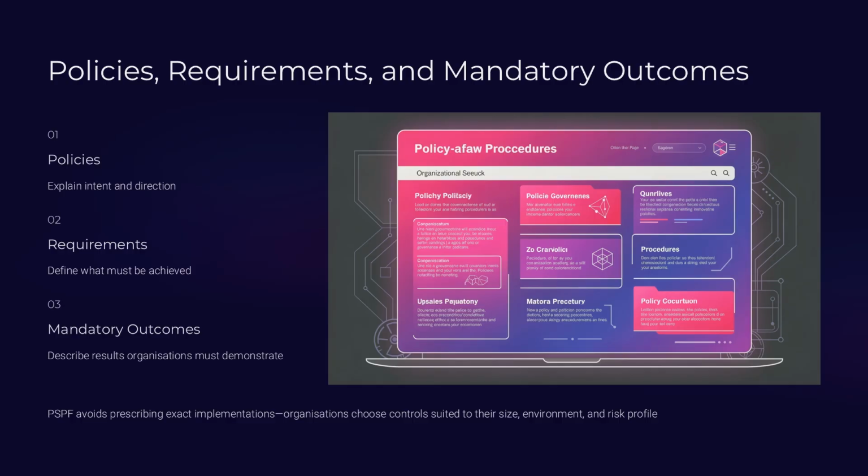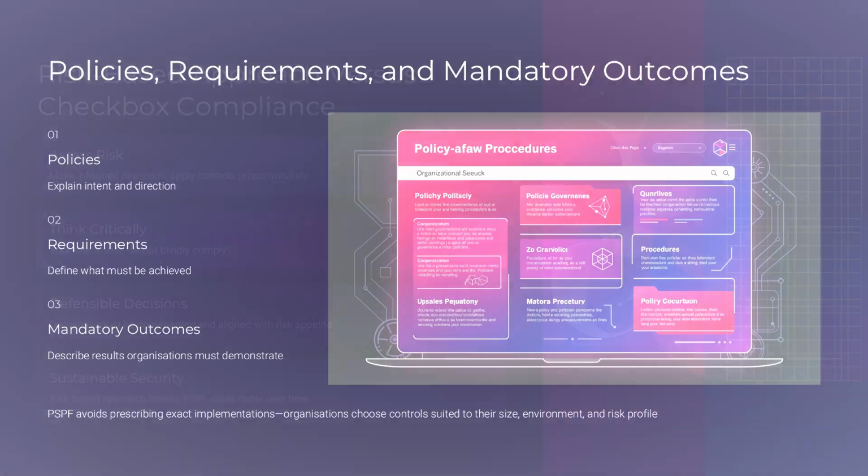PSPF deliberately avoids prescribing exact implementations. This allows organizations to choose controls that suit their size, environment, and risk profile while still meeting the same outcomes. Once you understand this structure, reading PSPF becomes much easier. You stop looking for step-by-step instructions and start looking for intent and outcomes.